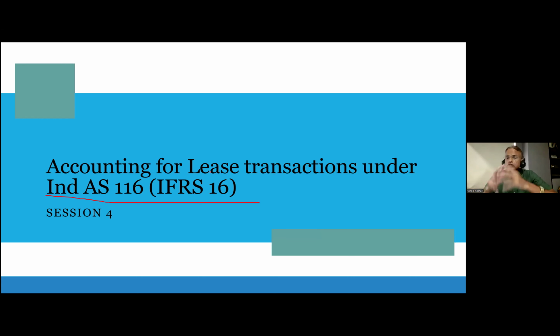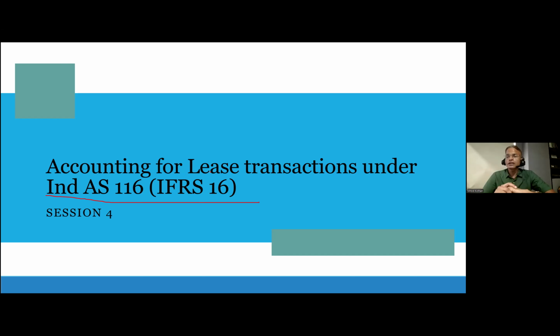If the lessee is not adhering to IFRS or Ind AS, that would mean the lessee is covered by IGAAP. Then the IGAAP, that is the generally accepted accounting principles, minus IFRS for lease accounting, will be the earlier accounting standard, which in this case would be AS 19. So the accounting by the lessee will be dependent on whether the lessee is adhering to IFRS or Ind AS, or the lessee is following IGAAP.